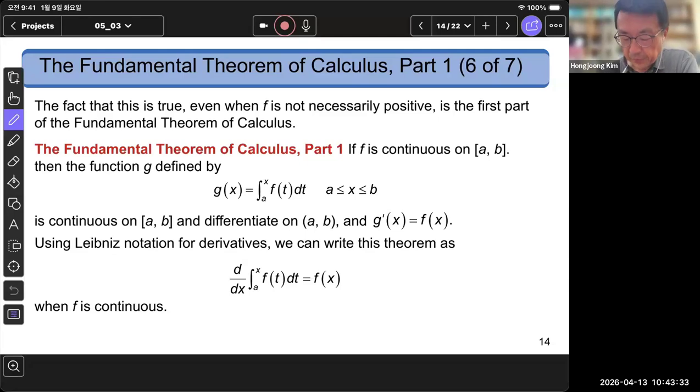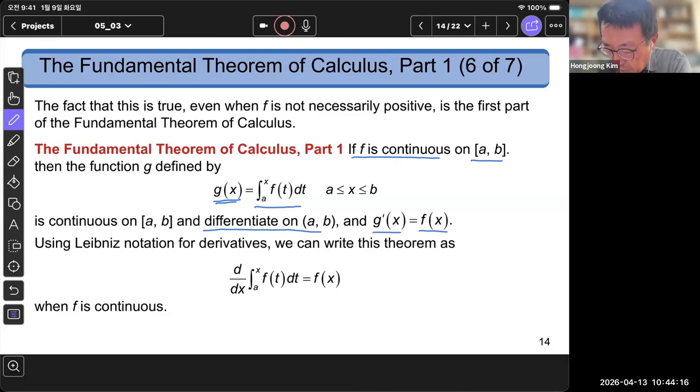So if f is continuous on the interval from a to b, then when I define a function g(x) by this, this function is not only continuous, but also differentiable, and the derivative of g is f. So what does that mean?